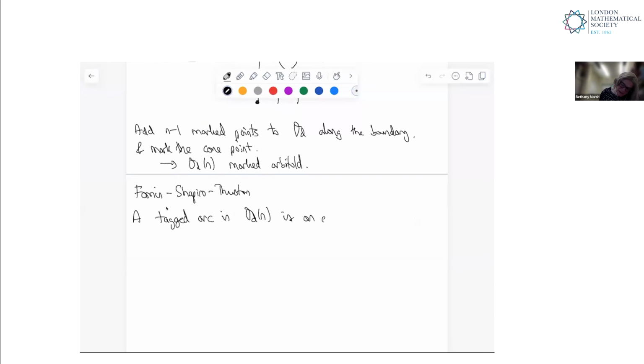So it's just an arc alpha. So what properties does it have? Firstly, it joins 2 distinct marked points. So it could join 2 points on the boundary or a point on the boundary to the cone point.